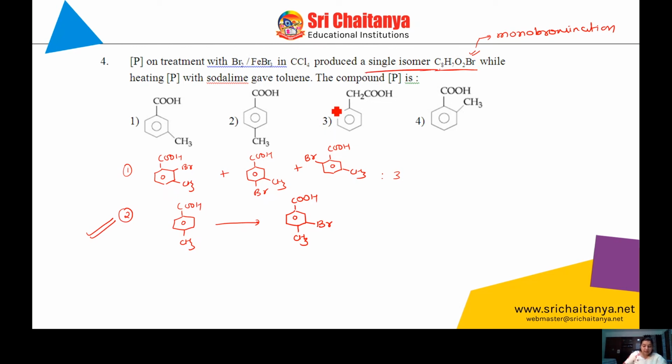In 3, similarly, you will get ortho, either will give 1, or from this para another name. So they are all giving more than 1 isomer, going by the number of isomers produced in the reaction. Is that clear?